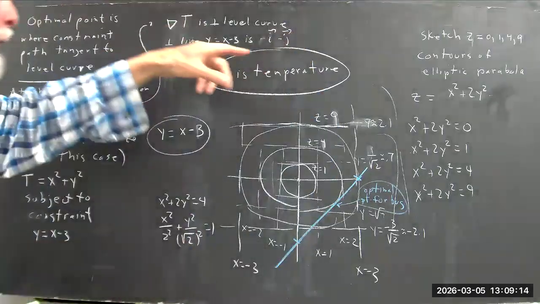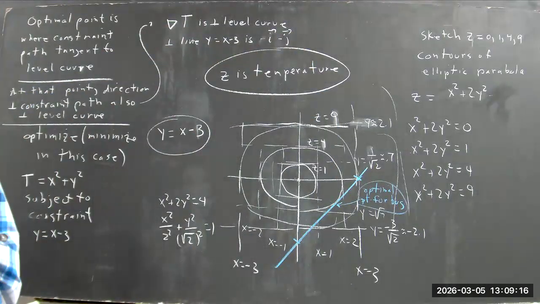So let's do that as a vector. It's i minus j. Make sense?